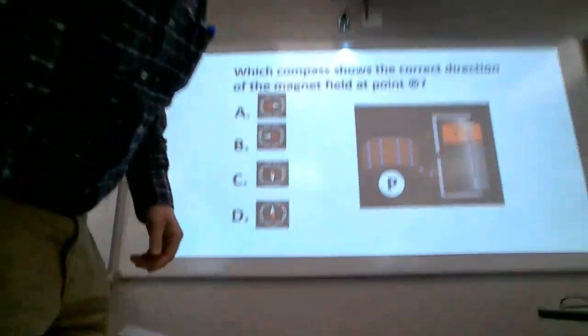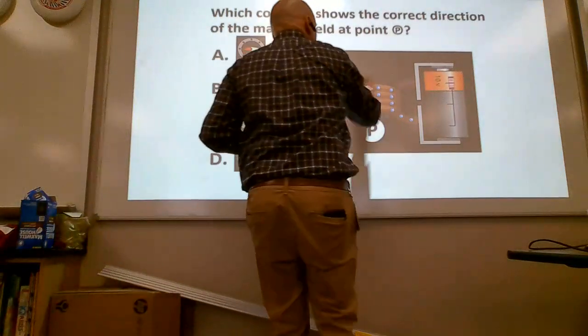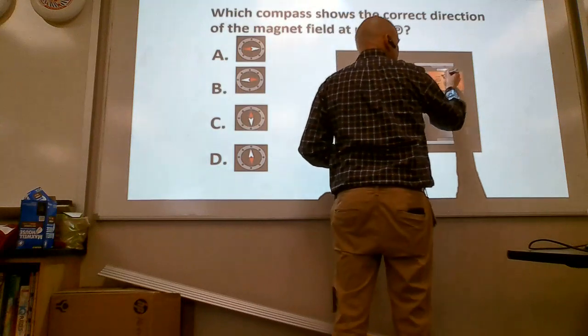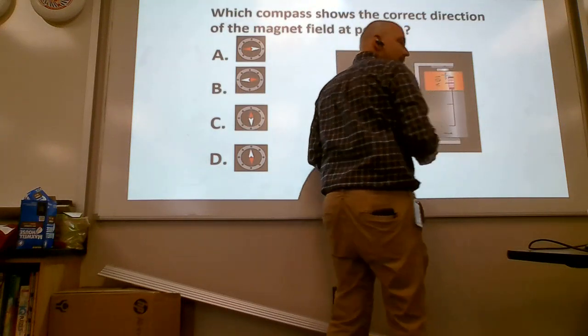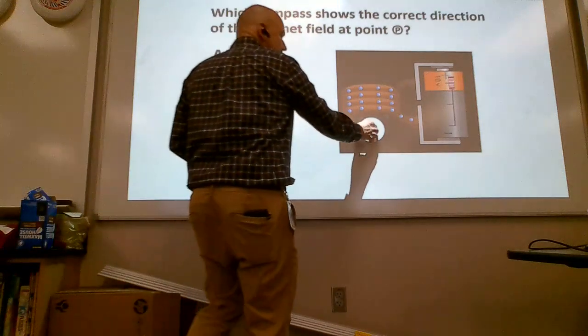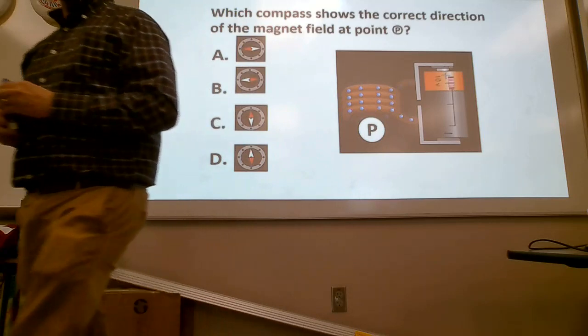Give this one a shot. This one is the positive terminal. This is the negative terminal. This compass is supposed to be inside the loop of wire, just like I showed you on the demo.